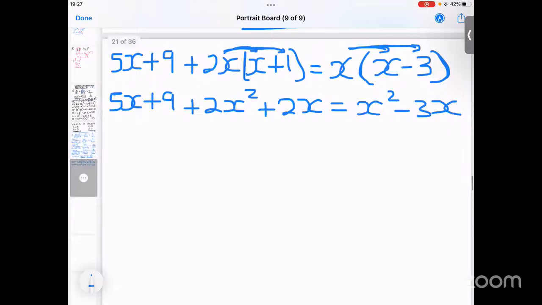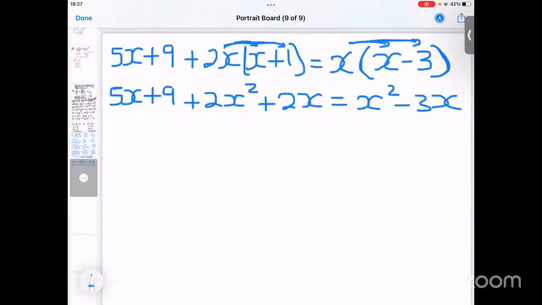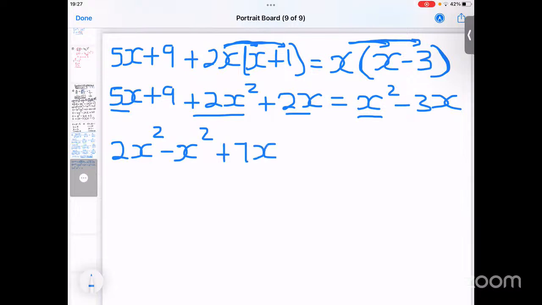So now it is that situation where you need to group. You start with that one because you know it's a quadratic equation. 2x squared, and then group it with that one. It comes to this side, it therefore changes its sign. And then already you have this plus that, which is 7x. So it's more like you have positive 7x. You take this one to the other side, it changes the sign, it becomes positive 3x.